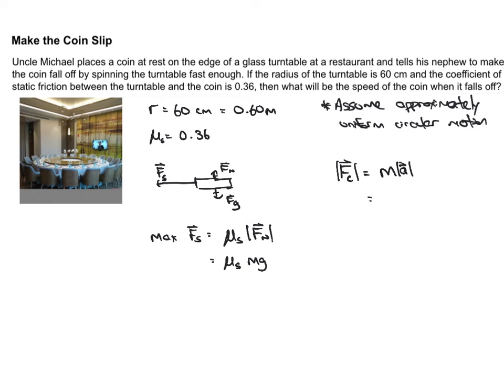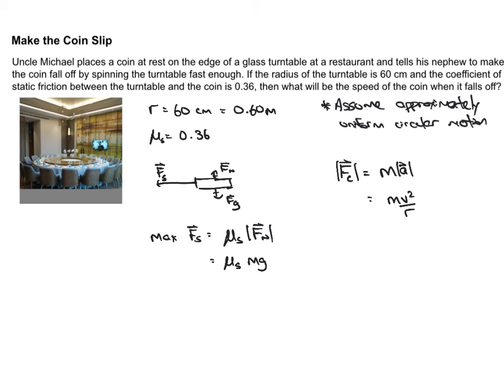And that's going to be mv squared over r when we replace acceleration with the centripetal acceleration formula. So what I'm going to do is set these forces equal to each other, because static friction is the centripetal force. So set them equal to each other.